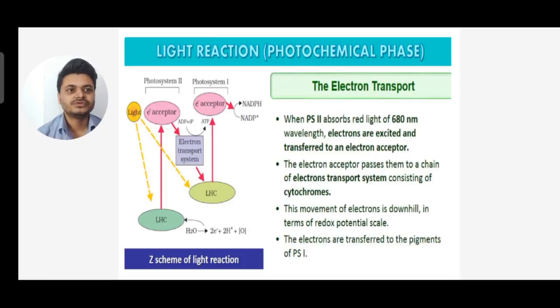When PS2 absorbs red light of 680 nanometer wavelength, electrons are excited and transferred to an electron acceptor. The electron acceptor passes them to an electron transport chain consisting of cytochromes. This movement of electrons is downhill on the redox potential scale. The electrons are transferred to the pigment of PS1. In non-cyclic photophosphorylation you can see the Z scheme and evolution of oxygen.